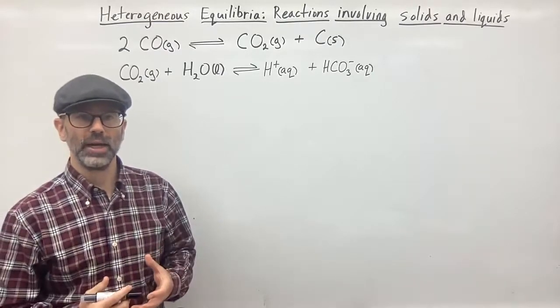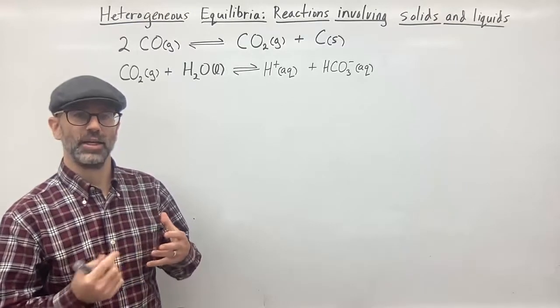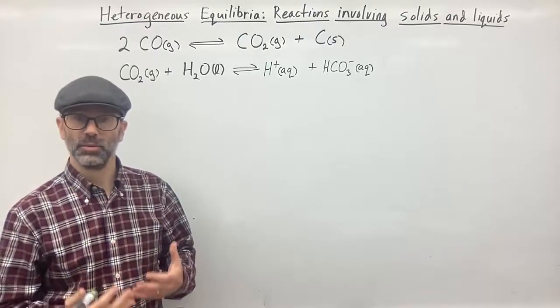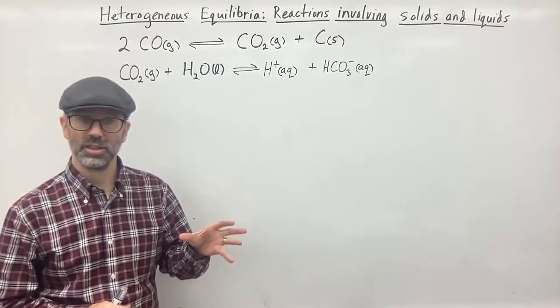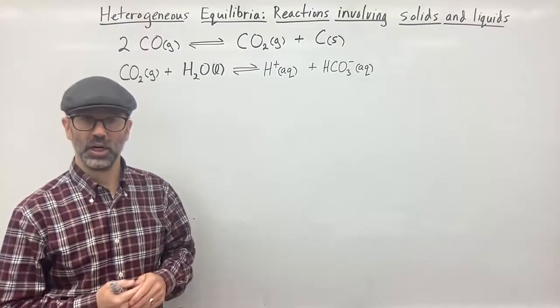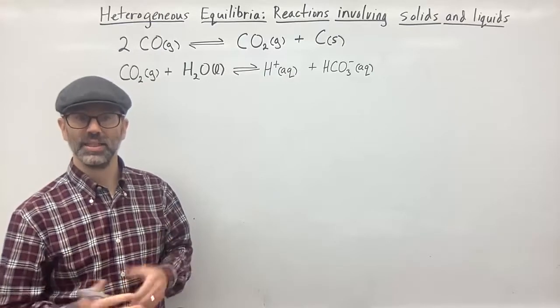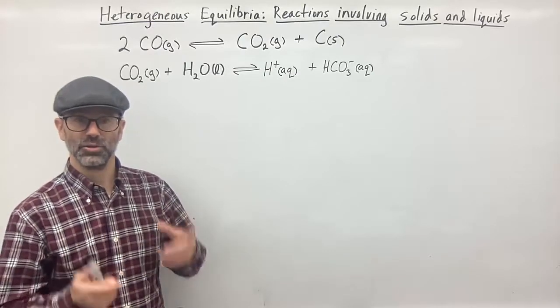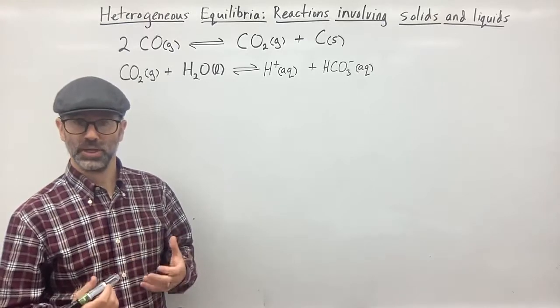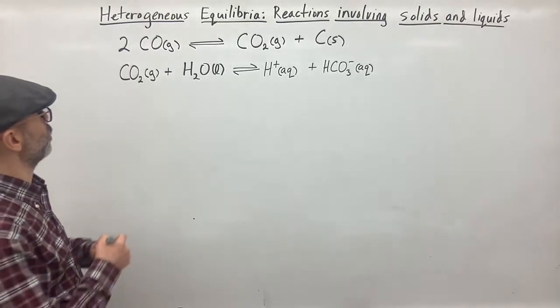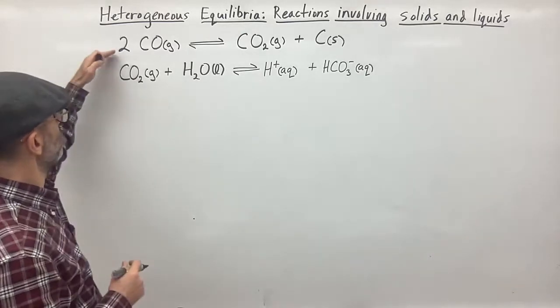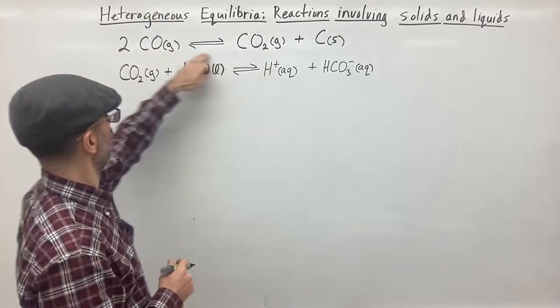So when you're writing the expression for the equilibrium constant, as we said, you want to include the concentrations or partial pressures of your substances in the expression. So if we were to do that, here's our first equation.